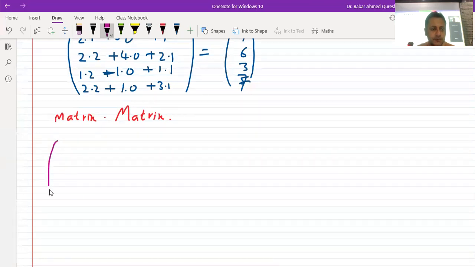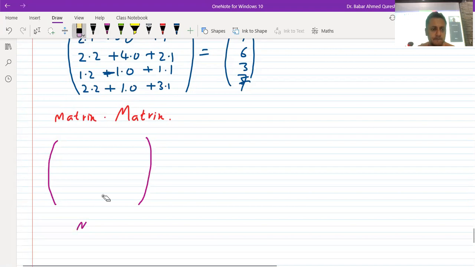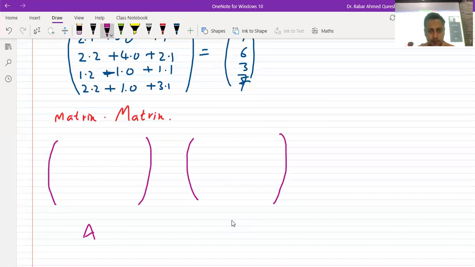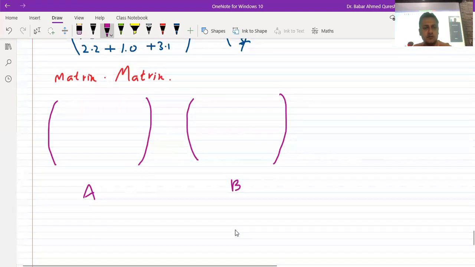So if I'm given a matrix over here, let's call it A, and another matrix over here, let's call it B, and I want to multiply them somehow. Just make up some definition.